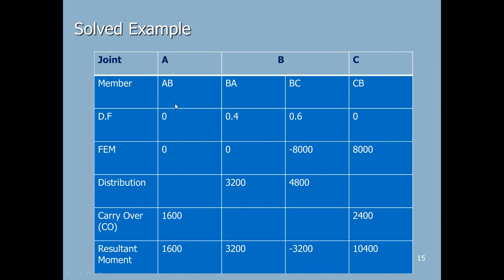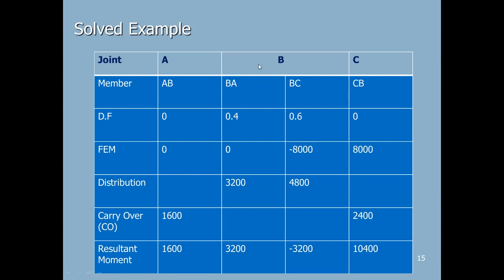There is one member AB which is connected at A. We write these values, which are the members connected. At B there is BA and BC. At C we have only one member, CB. Then we substitute the values of distribution factors which we have calculated in the previous steps. Fixed end moments which we have calculated, we will just write here. Then the distribution of the unbalanced moment.